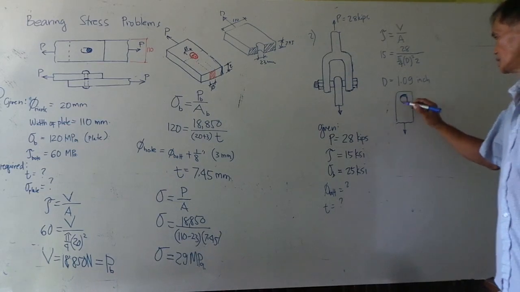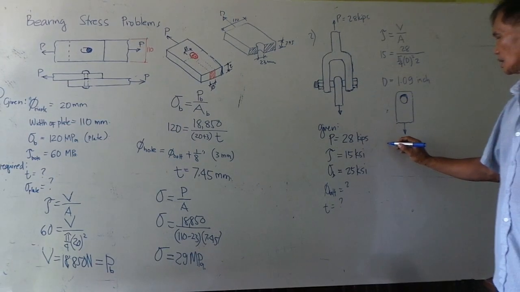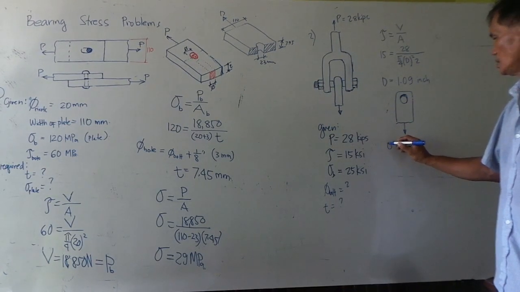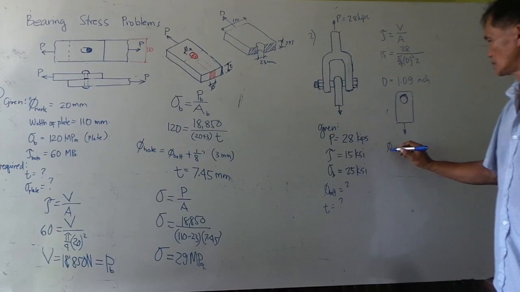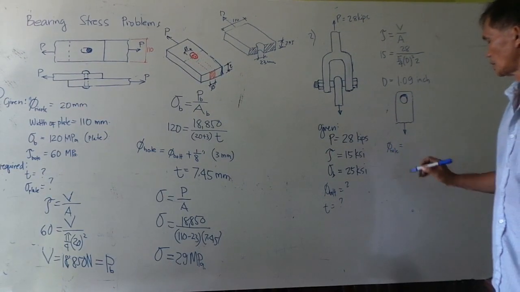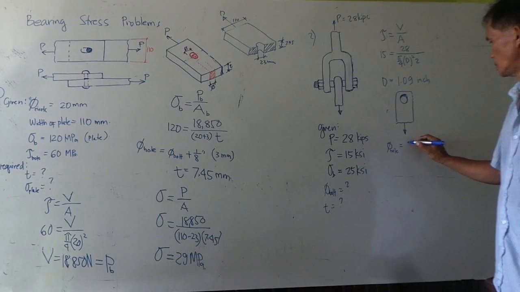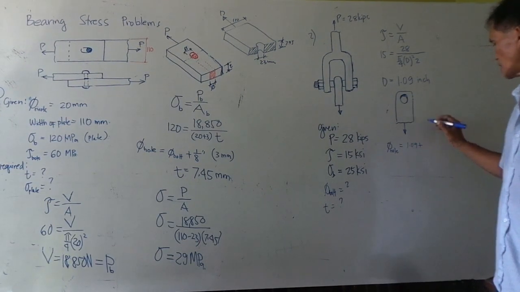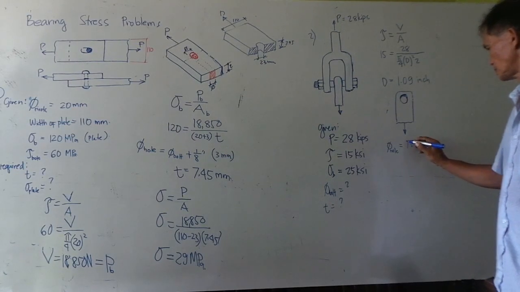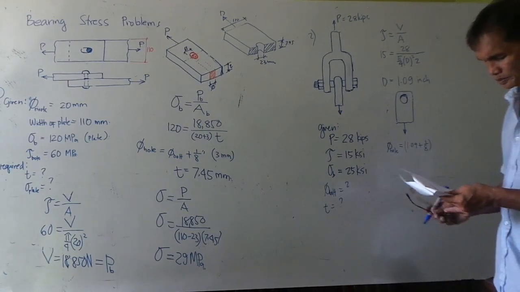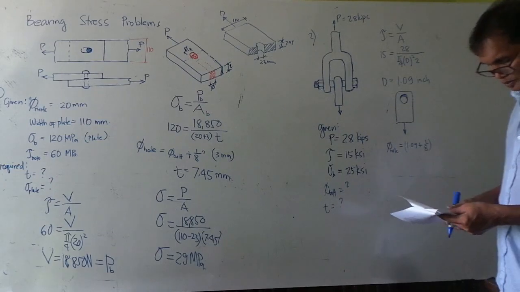So, the diameter of the hole is just equal to 1.09 plus 1/8 inch.